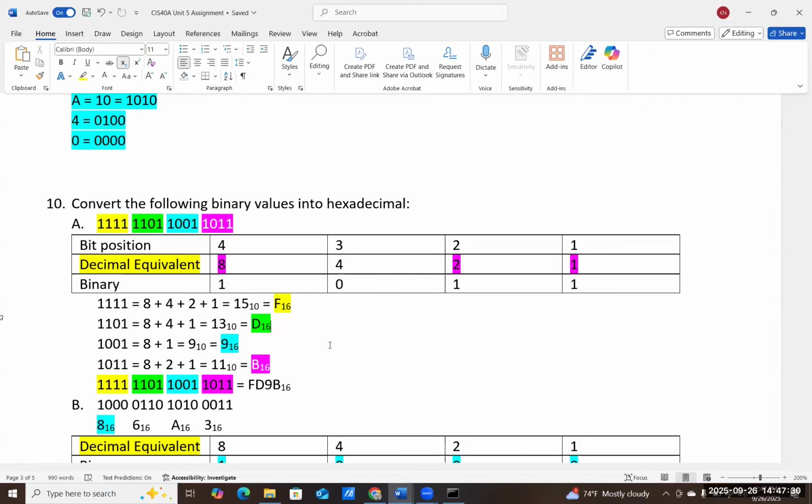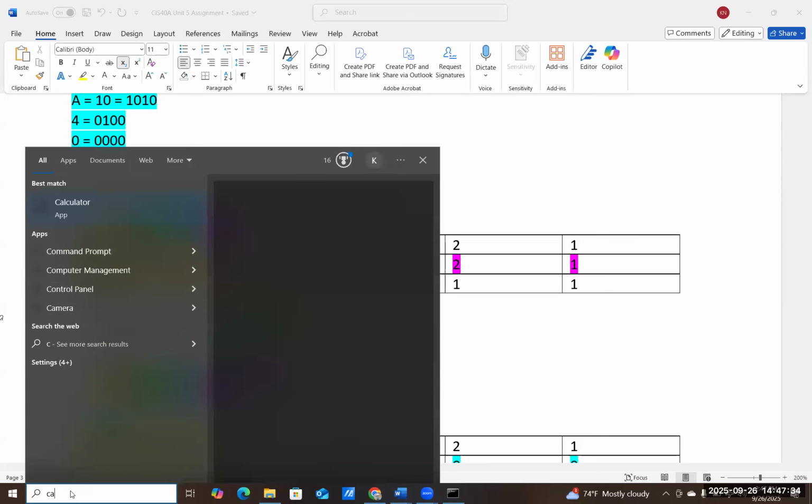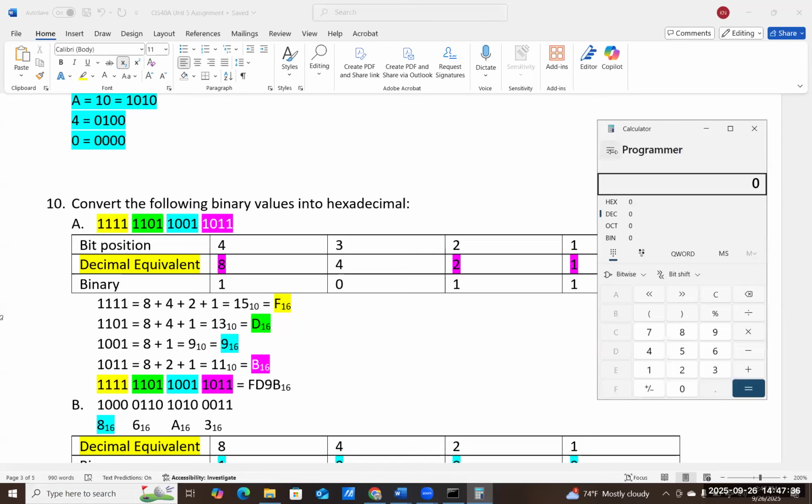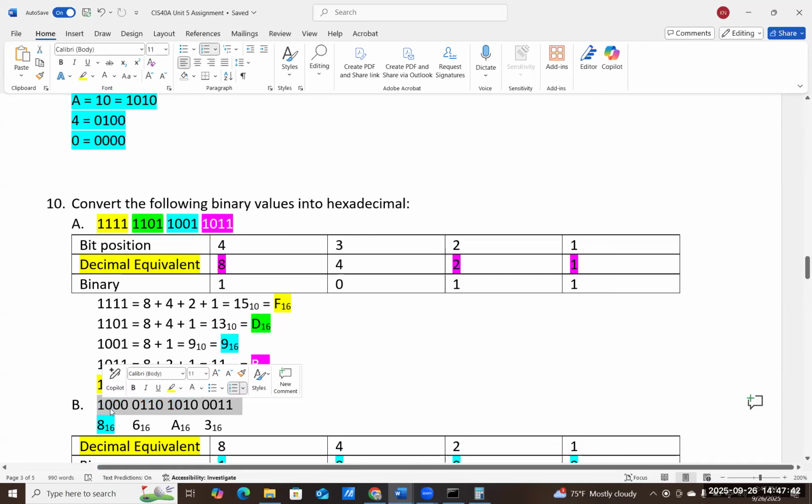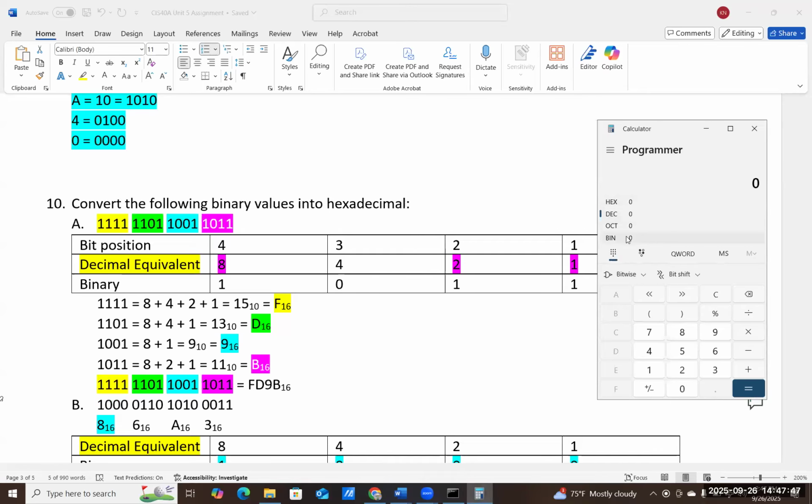And how do I check my answer? I can open up my calculator. I talked about this last time. Go to programmer mode. And then you can take the binary, copy it. Go back to your calculator, click on bin, right? And then on here, I think you can paste.